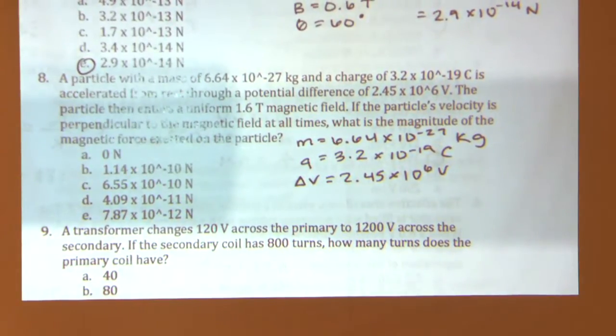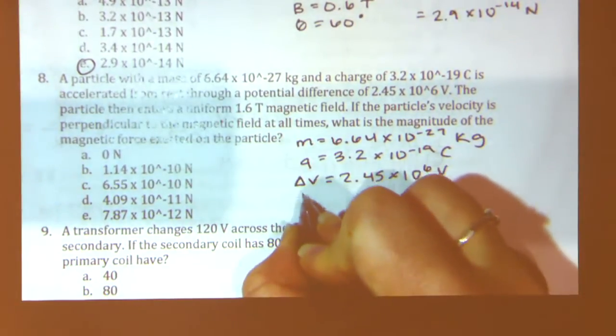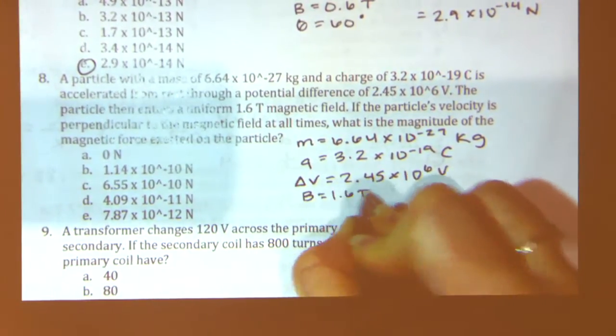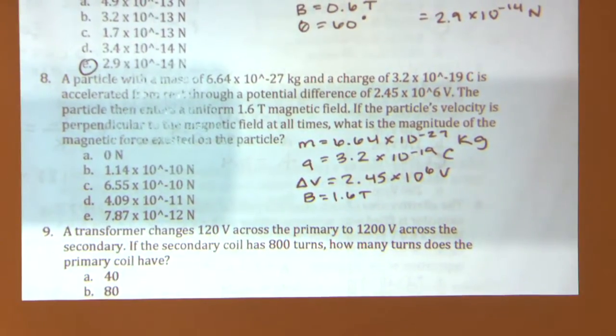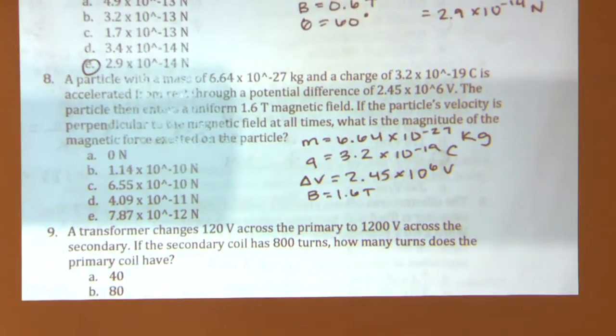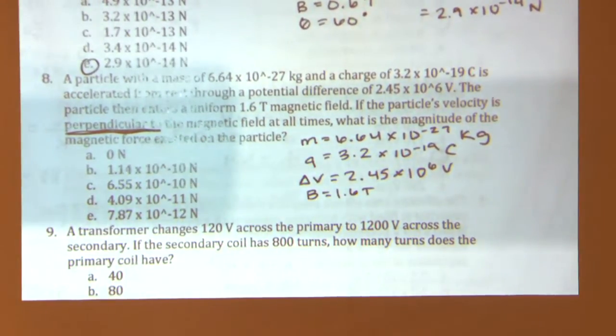The particle then enters a uniform 1.6 Tesla magnetic field. If the particle's velocity is perpendicular to the magnetic field at all times, so perpendicular, that means our theta will be 90 degrees. What is the magnitude of the magnetic force exerted on the particle?